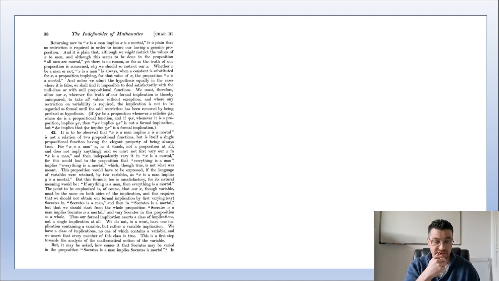So we might have something like X is a square circle. It's a very common example. We need propositional functions like this. We can't restrict that to just those values of X that are true, because it's not true for any values of X. So if we insist on restricting our variable to those values of X which make a propositional function true, then we can't have a null class in any sort of way.